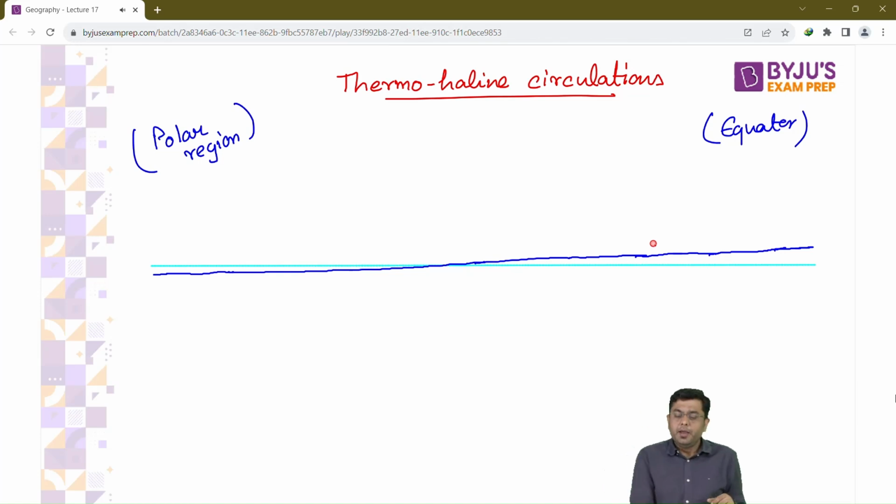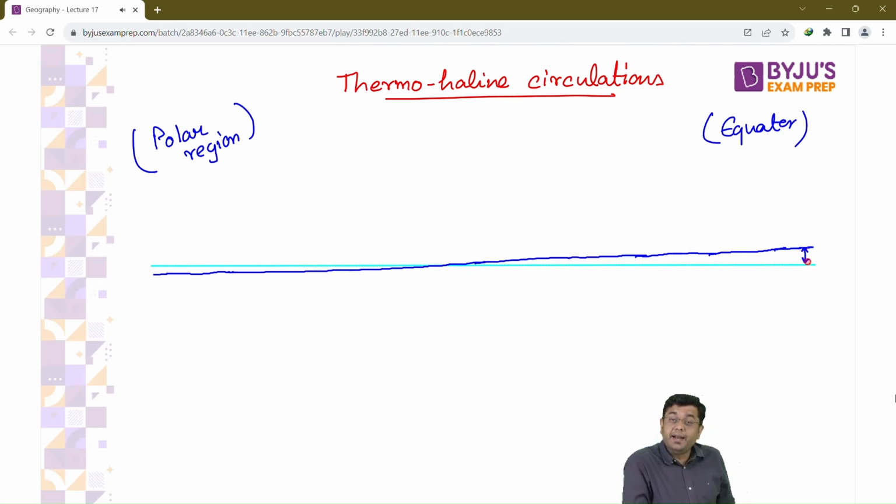So around the tropics, around the region of equator, you will find that the water has expanded due to significant heating. Whereas around the region of the poles, it has shrunk, it has compressed ever so slightly due to significant amount of cooling, isn't it?